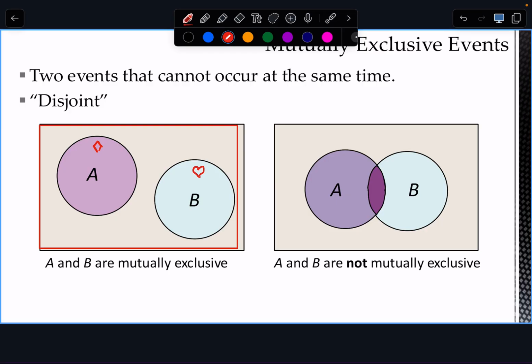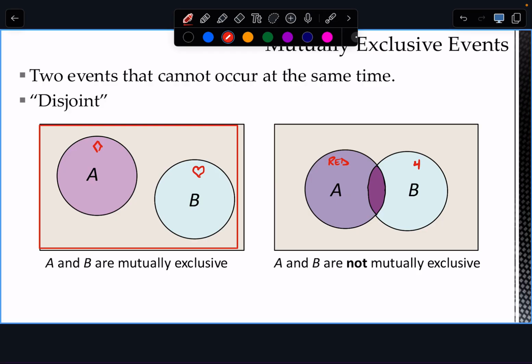But in that same deck of cards, if I define event A to be drawing a red card, and event B is drawing a 4. Now when I think about this scenario, I've got my sample space of 52 cards. I've broken it down into two events, two conditions that I want to apply. The first one is I draw a red card from the deck. The other event is I draw a 4.